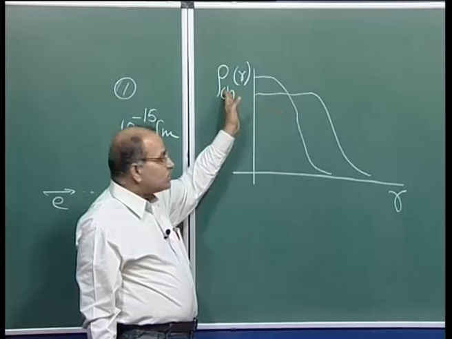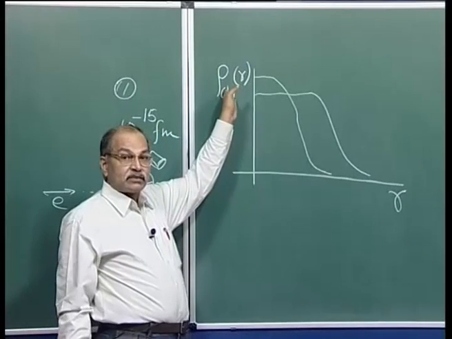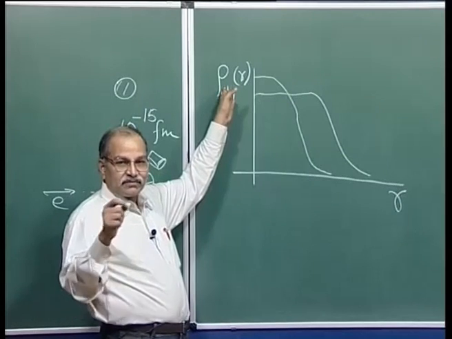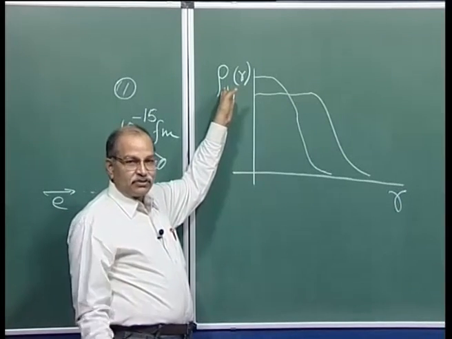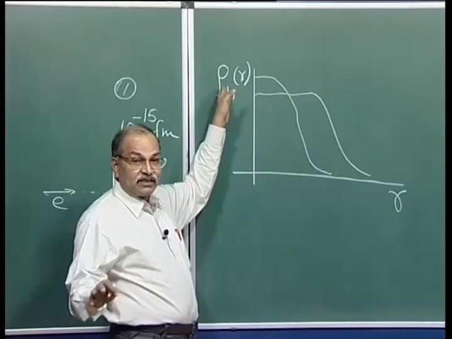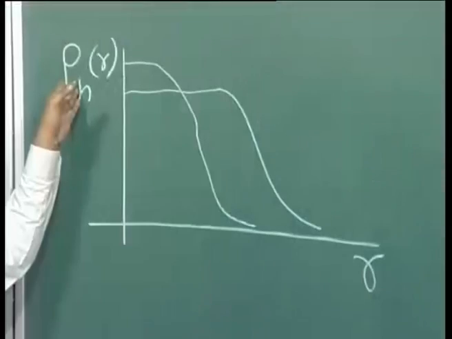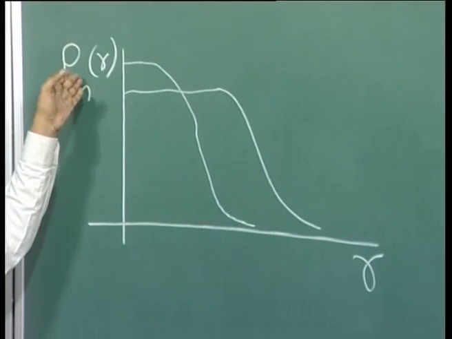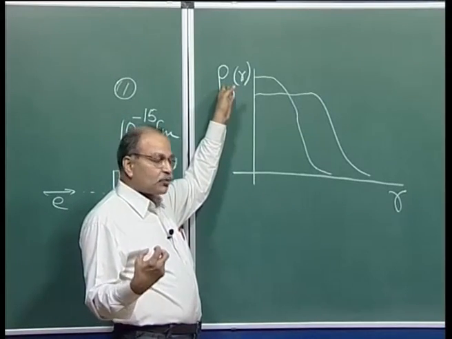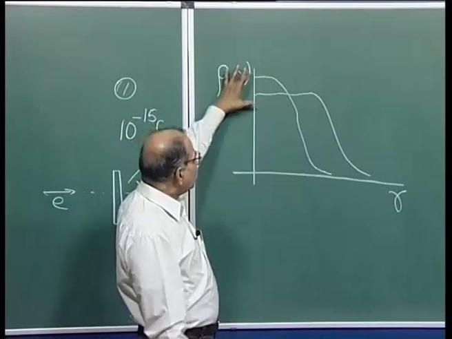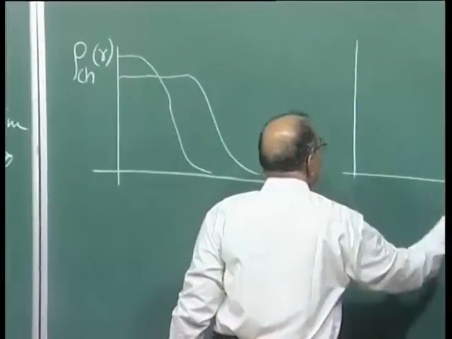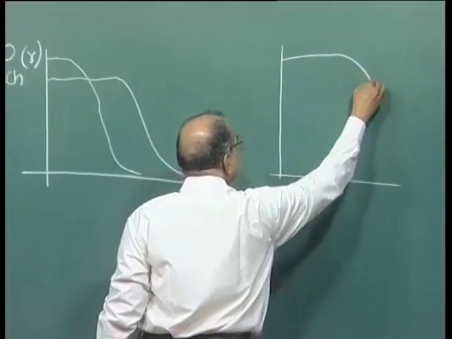Once you convert this charge to mass, because the electrons are only looking at the protons, they do not interact with neutrons, the results are in terms of the charge density, the proton distribution. But you also have neutrons in the nucleus, so you scale it up so that protons and neutrons both together, the total mass distribution, then all these things coincide and you have almost this type of distribution.